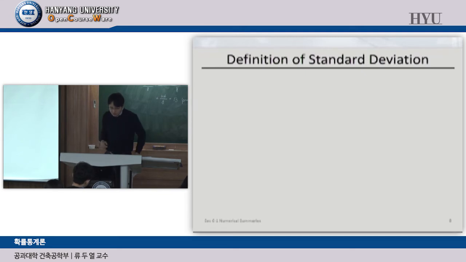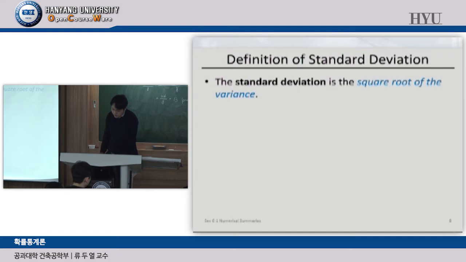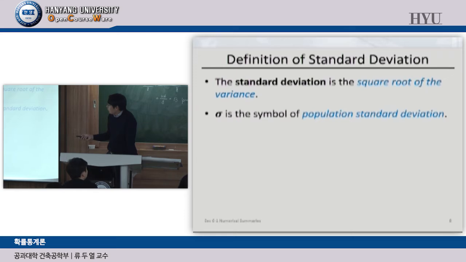And this is the definition of the standard deviation. The standard deviation is the square root of variance. So sigma is the symbol of the population standard deviation. Because the population variance was sigma squared, the root of sigma squared is just sigma.